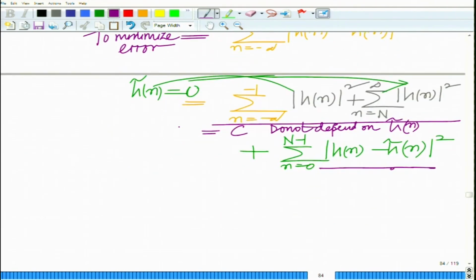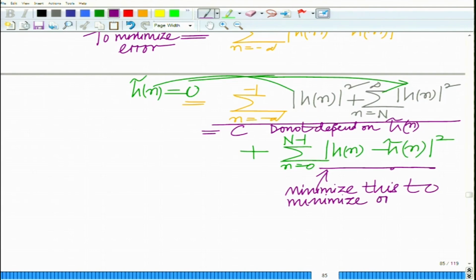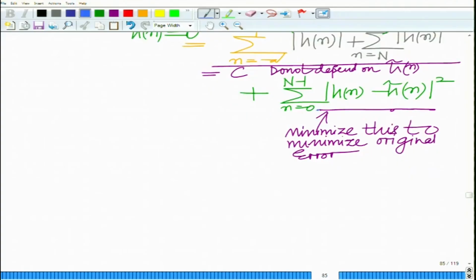one needs to minimize this quantity. This is minimum because it is the square of a quantity, and magnitude squared is always greater than or equal to 0. The minimum value is 0 and that occurs when h tilde n equals h n.